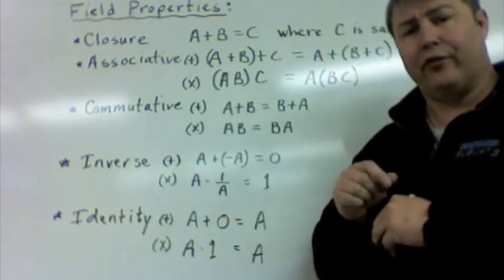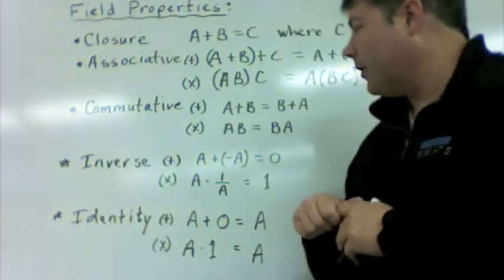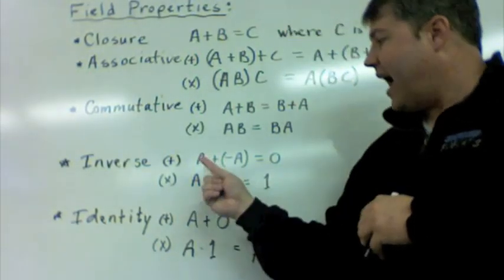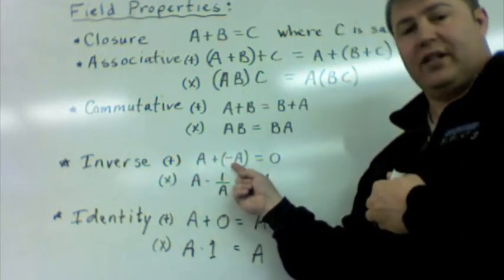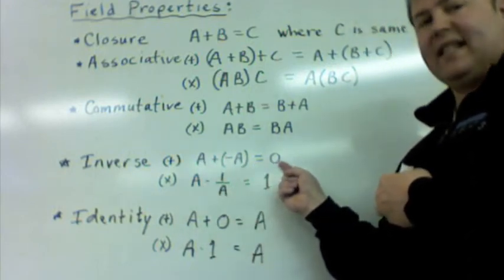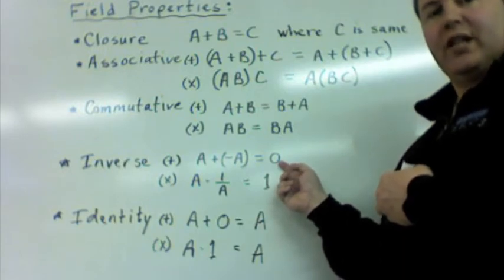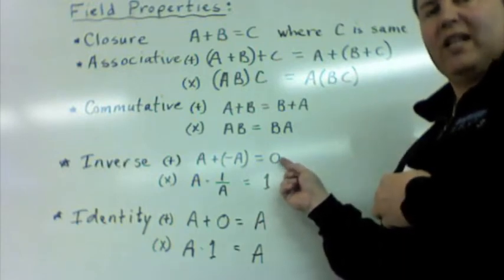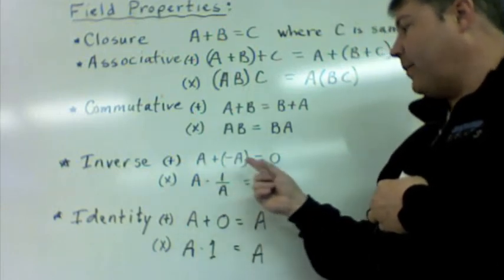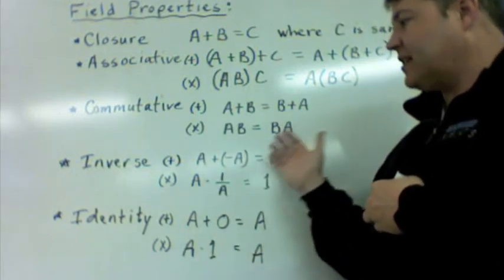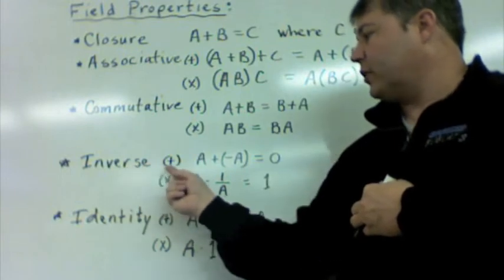Let's talk about inverse. Inverse here is the property numbers have that when you take any number and add its opposite to it, you will always get 0. An inverse is a number that you have to add to another number to get 0 as an answer. So if I take any number and add to it its opposite and get 0, then that set of numbers has an inverse with respect to addition.